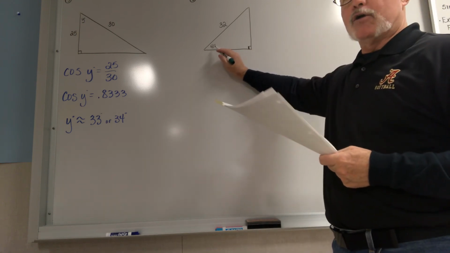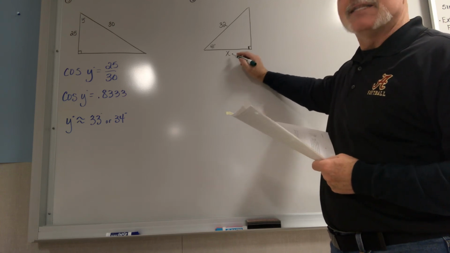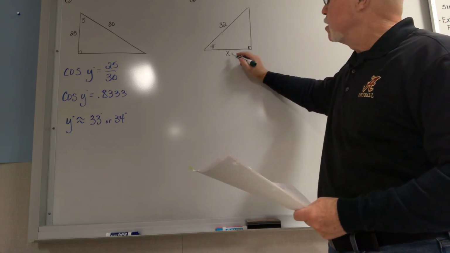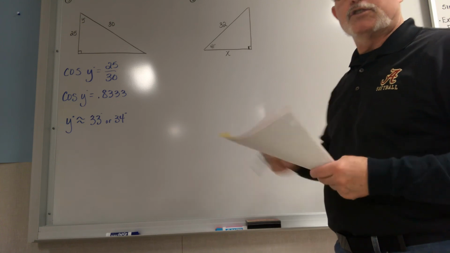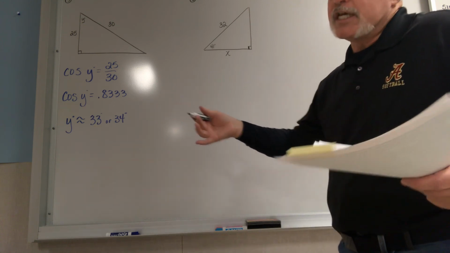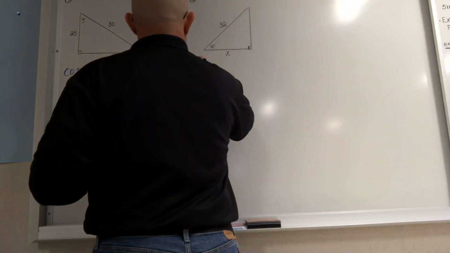I have an angle. I have to find the adjacent leg. I'm given the hypotenuse. Adjacent leg, hypotenuse. Once again, cosine.